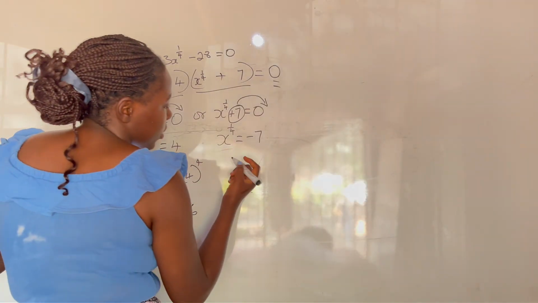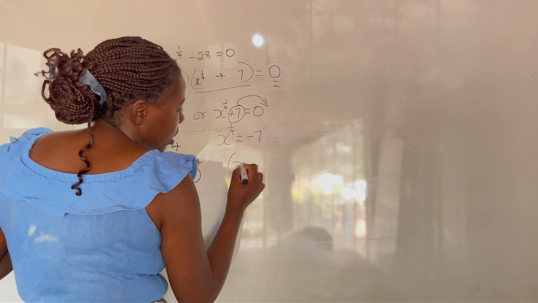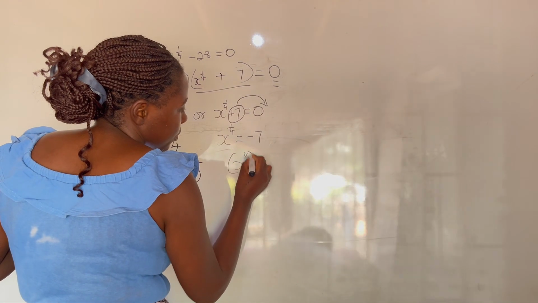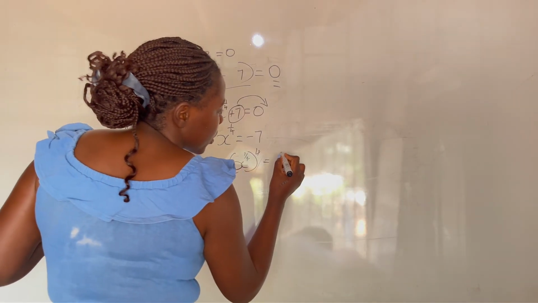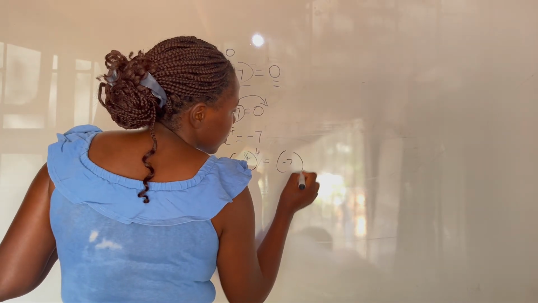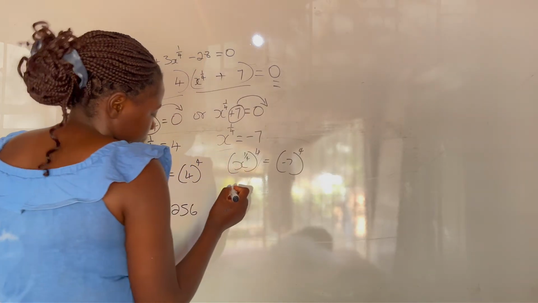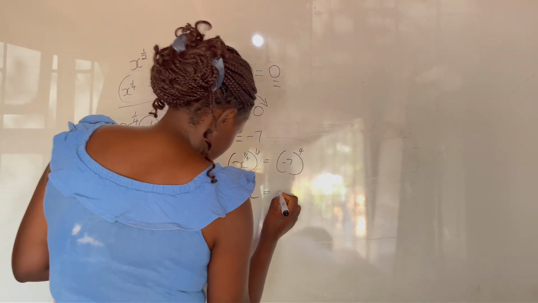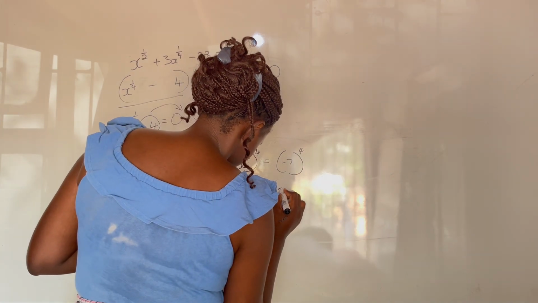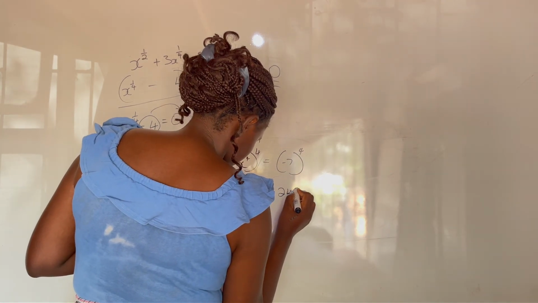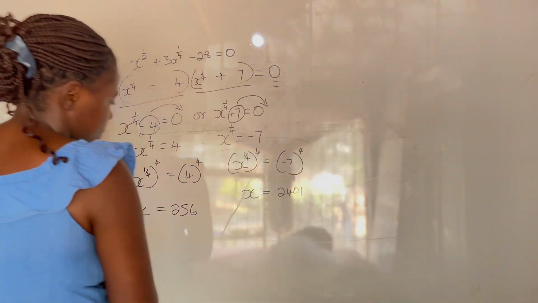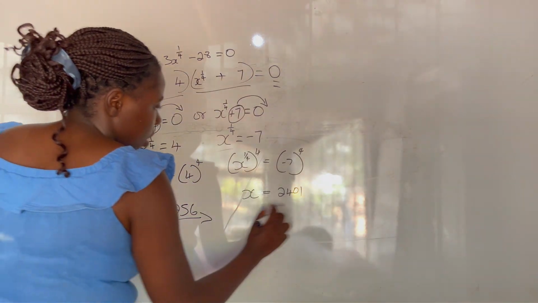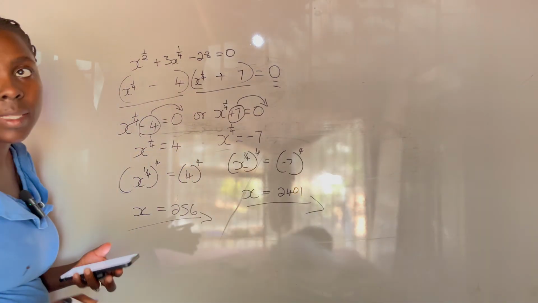Then on this side again we're going to introduce a bracket and equate it to -7. So here we'll have x is equal to 2401. And that is our answer.